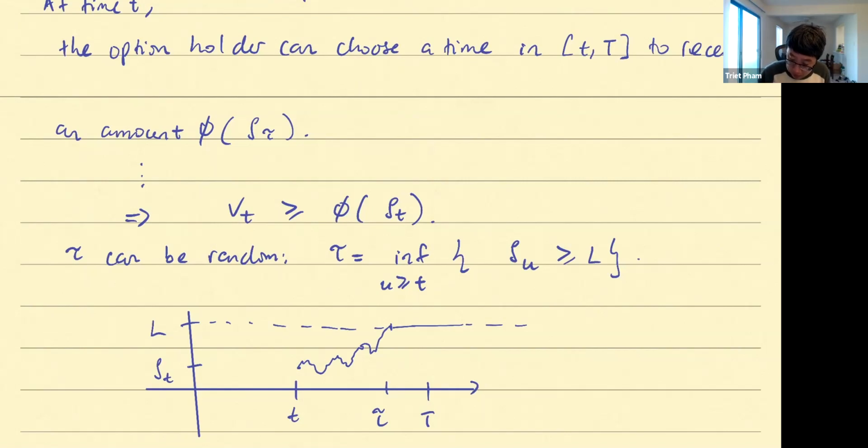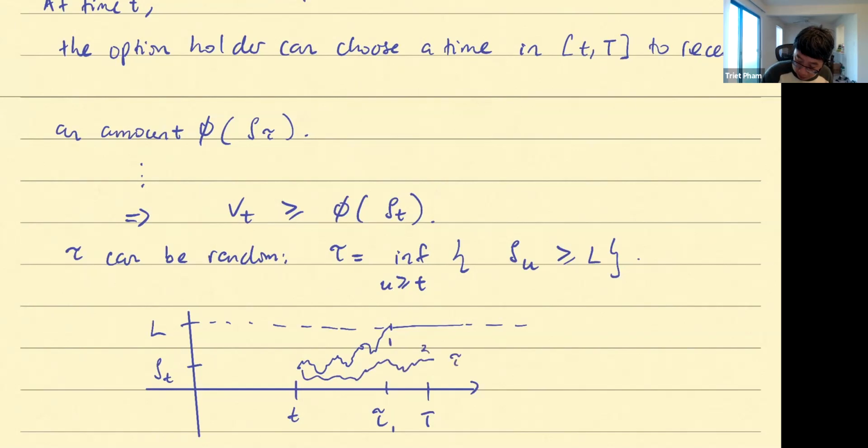But you see, this is a random time, because this is a possible path, and here's the time he will exercise. A different path may be like this, where this is the time he exercises. Another path may be something like this, in which case he, quote, never exercises, but actually what it means is he will exercise at time big T. So on path 1, this is tau 1.